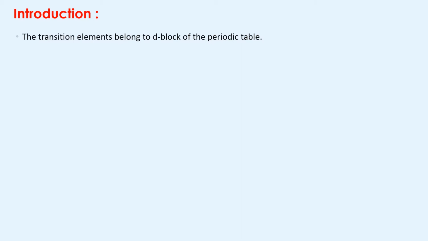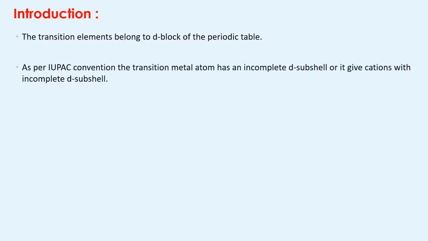First of all, in this chapter, we go through the transition elements. Then in our lecture, we continue with our lanthanide series or inner transition series. But first of all, we start with the transition elements.